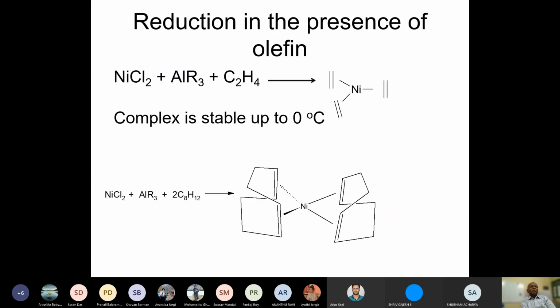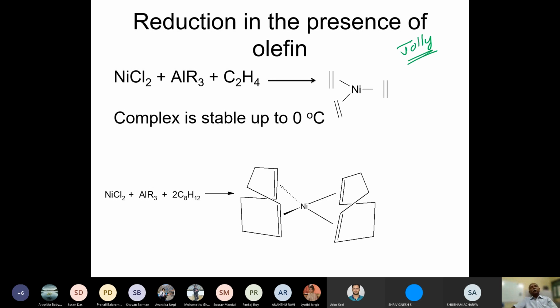So here is another example where a stronger reducing agent has been used, but I put up this example because this was done by a person called Jolley, W-L-J-O-L-L-Y. Yes, that's his name.